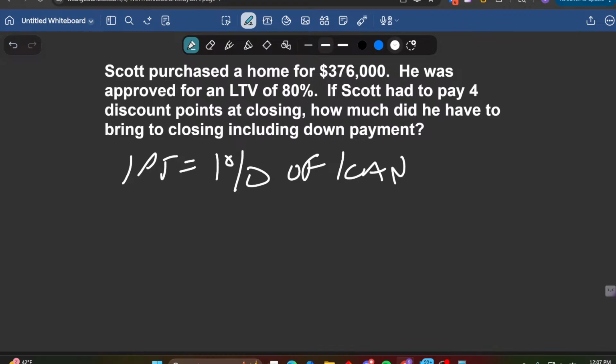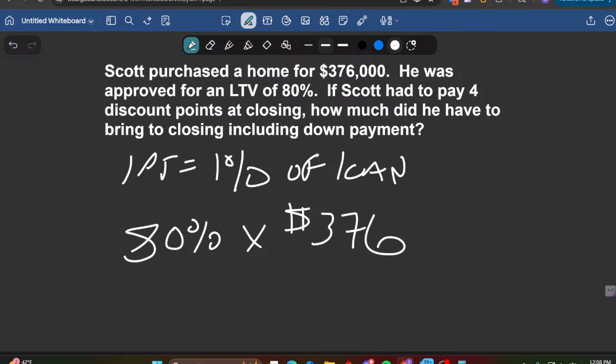So let's calculate this. 80% of is going to be 80% times the sale price, which is 376,000, equals. So how would we calculate this?